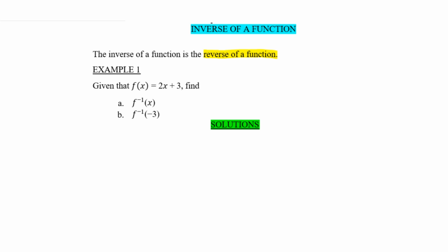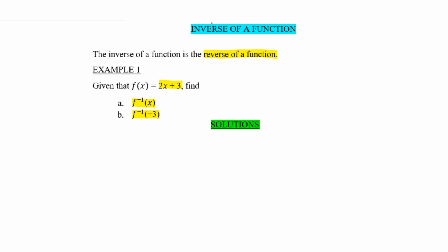Example 1, we are given that f of x is equal to 2x plus 3, and we are asked to find f inverse of x, then f inverse of negative 3.